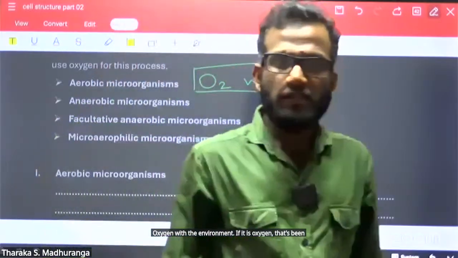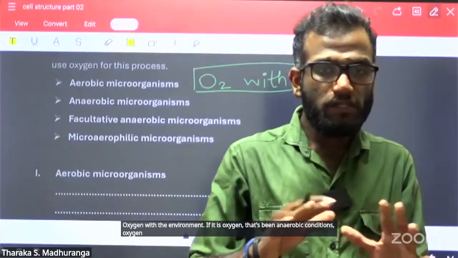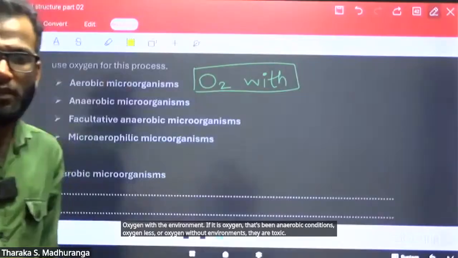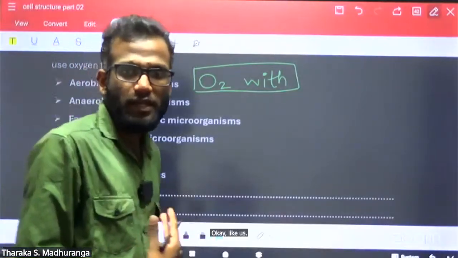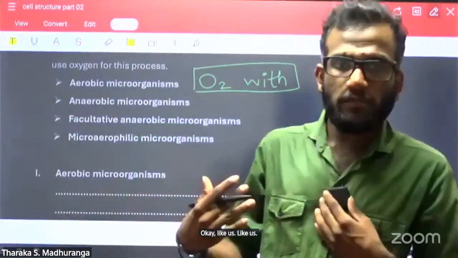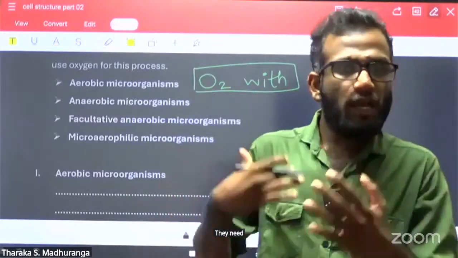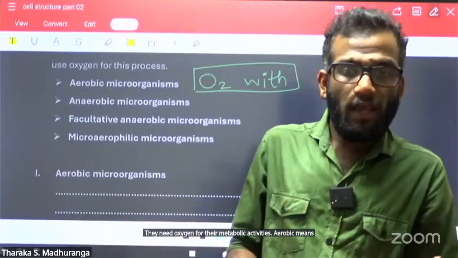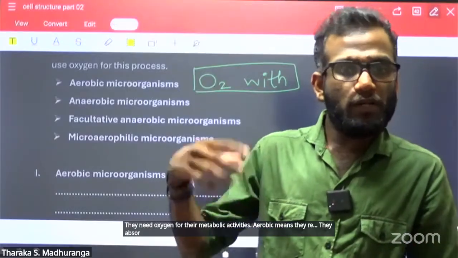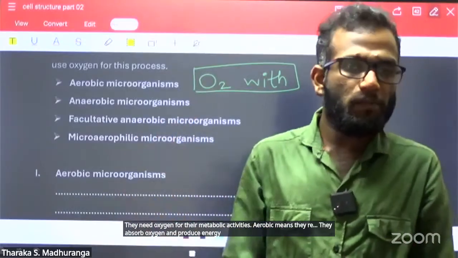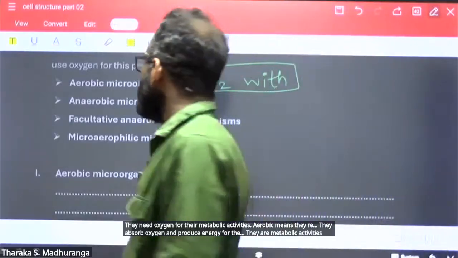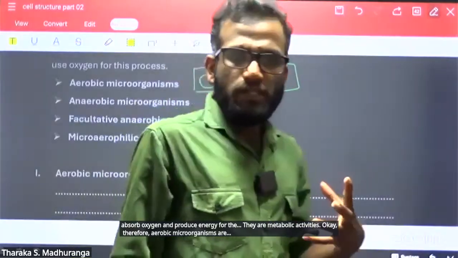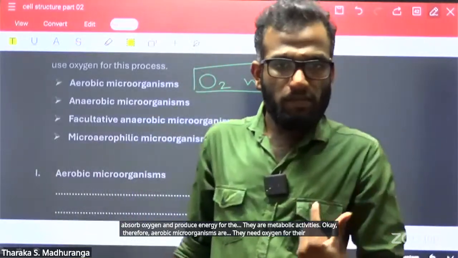Anaerobic conditions, meaning oxygen-less or oxygen-free environments, are toxic for them. Aerobic means they absorb oxygen and produce energy for their metabolic activities. Therefore, aerobic microorganisms need oxygen for their metabolic activities.